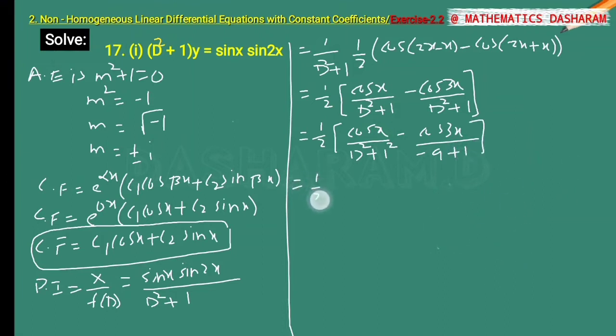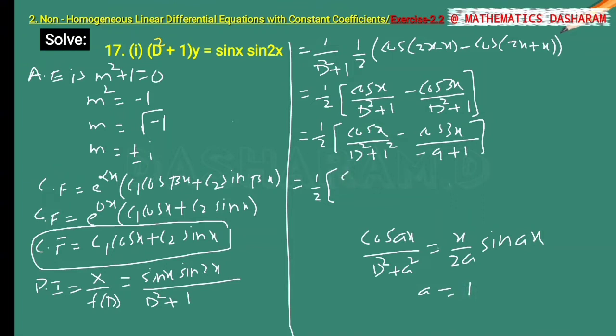So it is equal to 1/2 [here the suitable formula is cos ax divided by D² + a², which equals x/(2a) sin ax. Here a value is 1. So x/(2·1) sin x minus, here -9 + 1 is -8, and here minus is there, then overall plus cos 3x divided by 8].